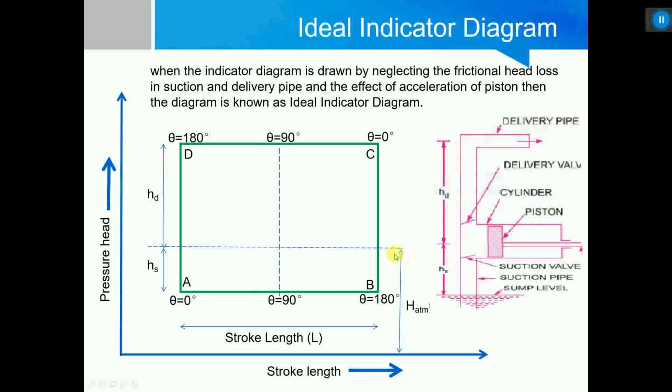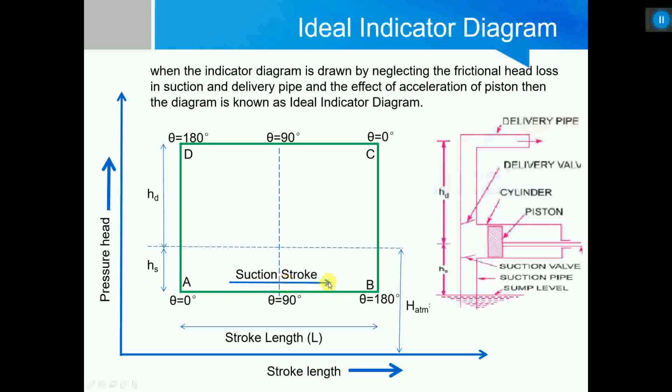If somebody is interested to calculate the absolute pressure on the suction side, we can see here, as we are creating negative pressure in suction and positive pressure during the delivery, the absolute pressure on the suction side can be represented as H atmospheric minus Hs, whereas the absolute pressure on the delivery side can be represented as H atmospheric plus Hd, that's delivery here.